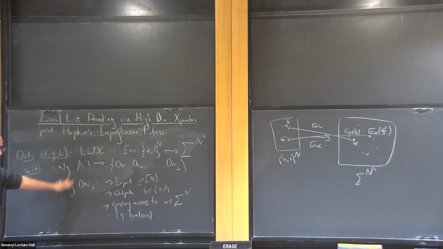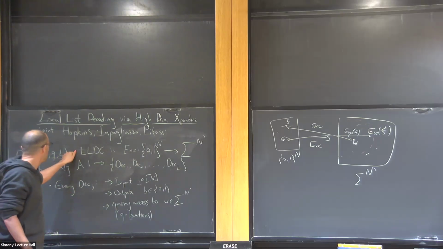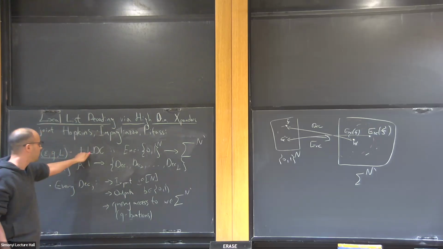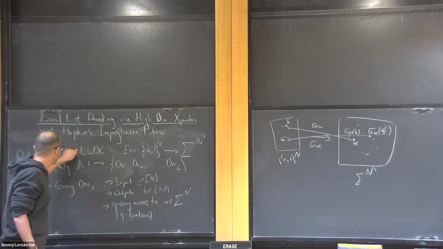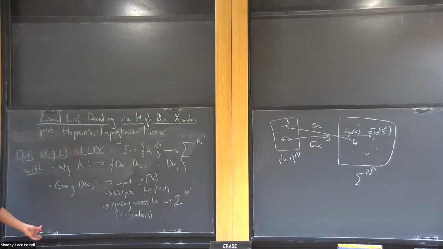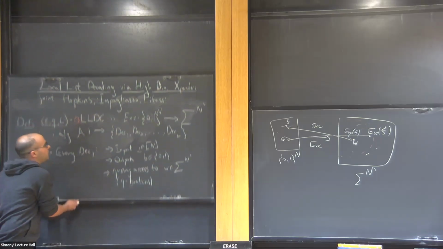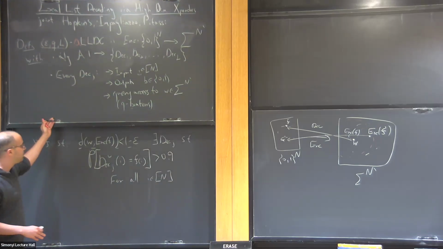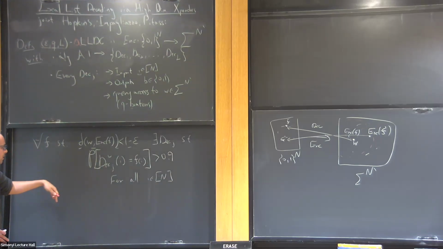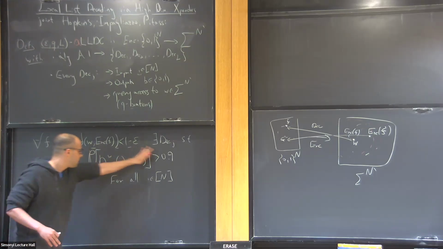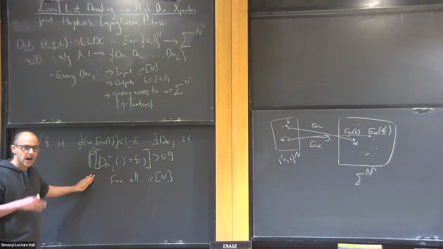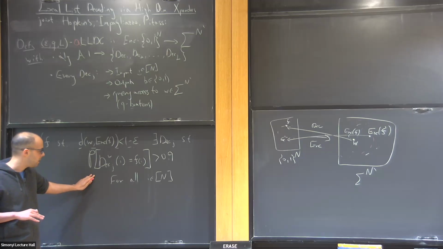We also had a relaxation of this definition, which we called approximately locally list decodable code. So I'll add another A here in red, where the only difference in this definition is that instead of asking that this holds on all I, I'm allowing the decoder to give up on a few indices as long as it's not too much.